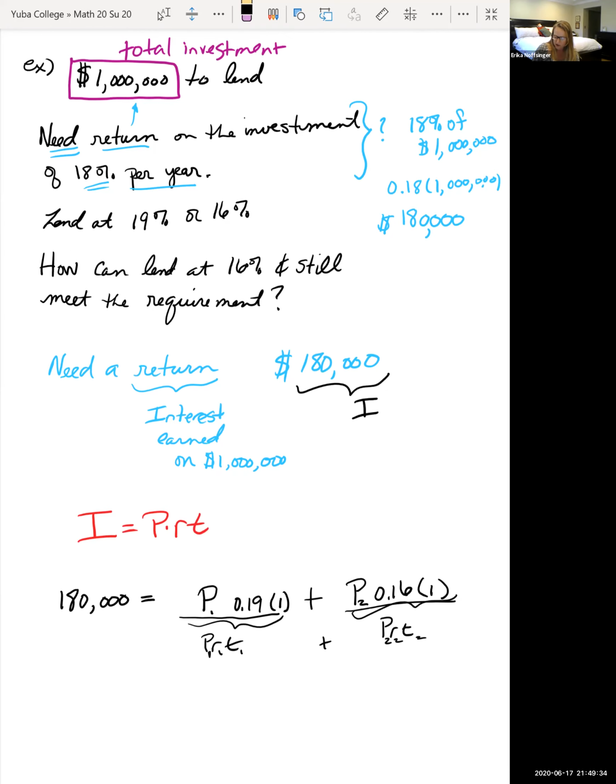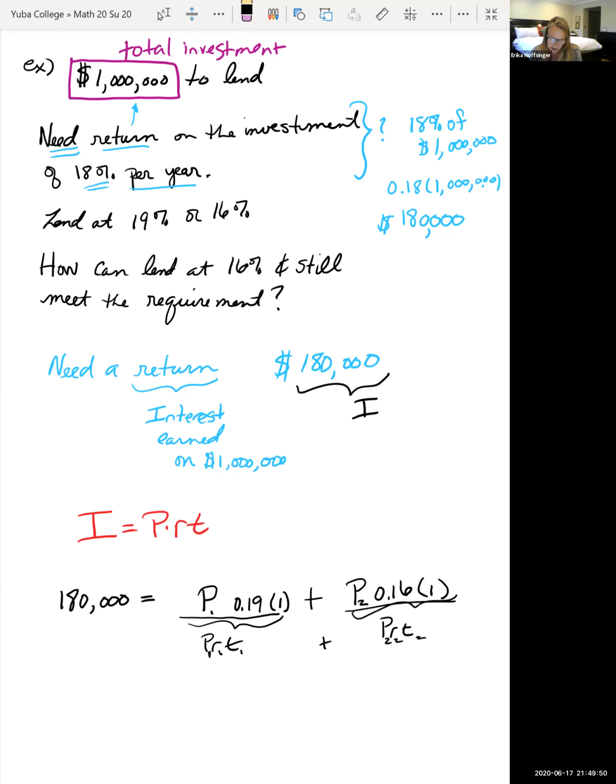And so I can put part of that million in one account, and I can put part of that million in another account. And so you just need to choose a variable.